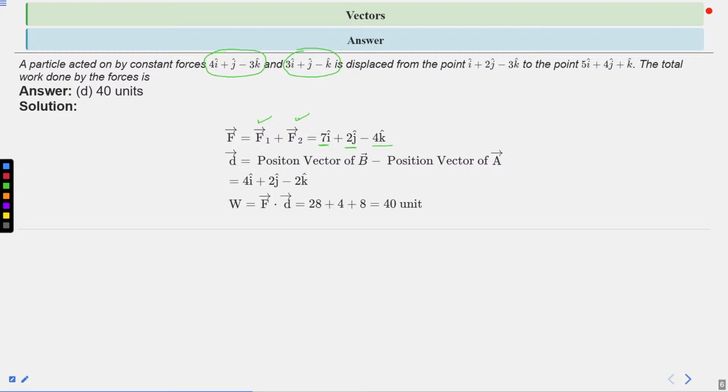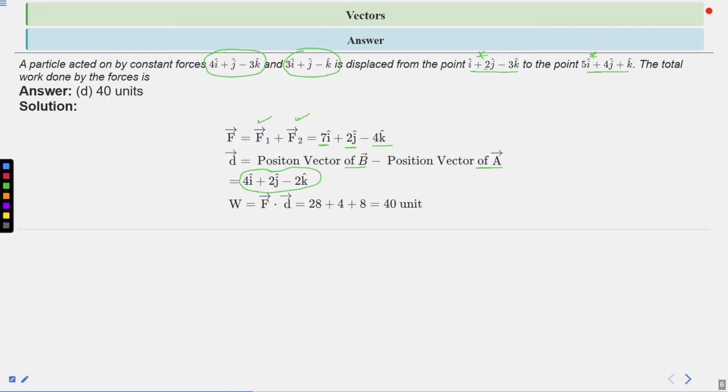What about the displacement? So here the initial position is this one and the final position is this one. Now you have to find the net displacement. So position vector B minus position vector A. So you will get 4 i cap plus 2 j cap minus 2 k cap. This is the final position, and this is the initial position.